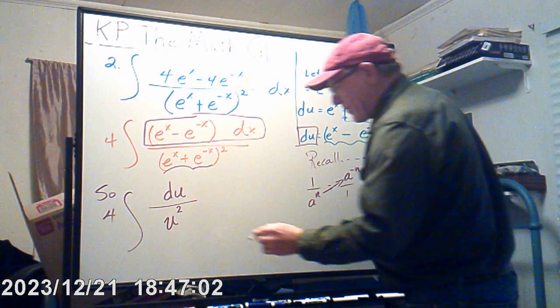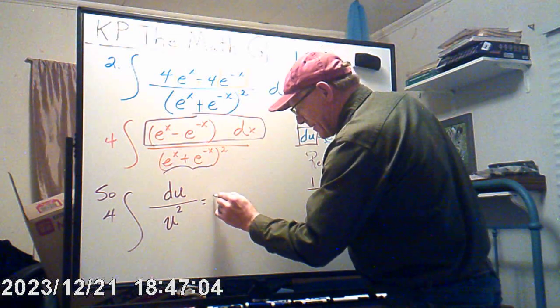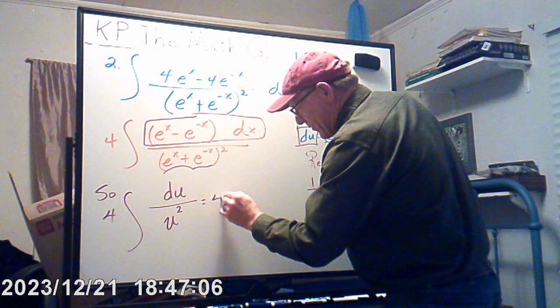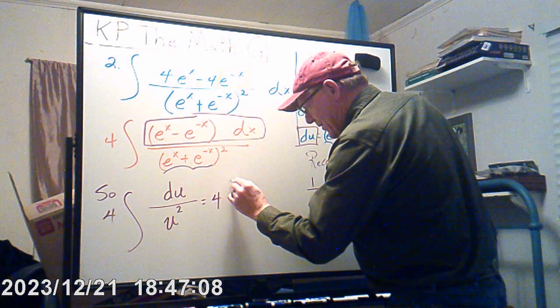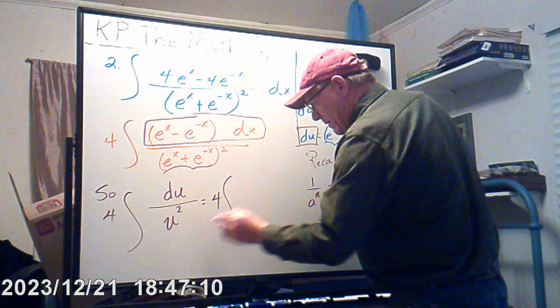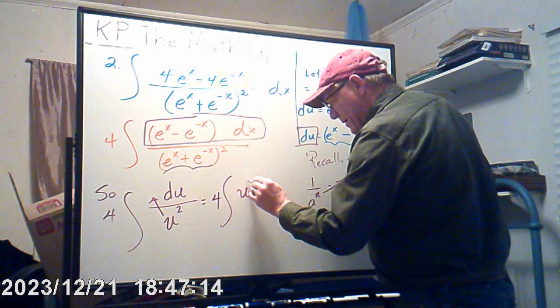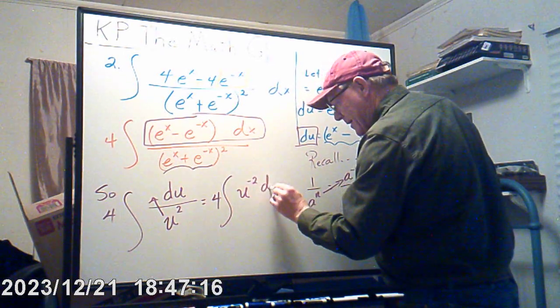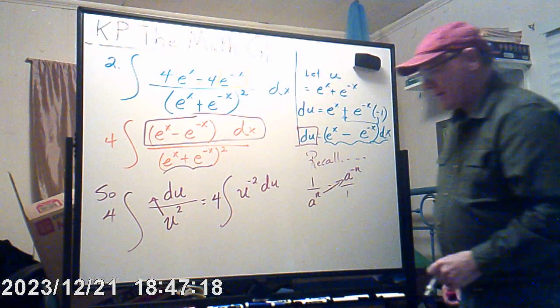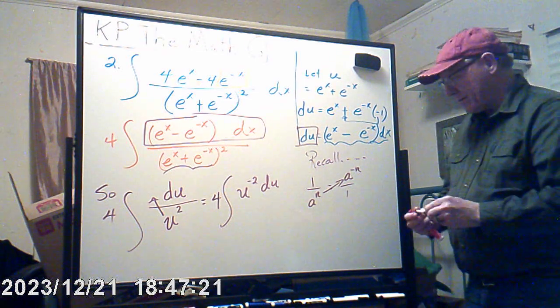So I'm going to rewrite this with the 4 in front. Okay, so bring this up here. That's going to be u to the negative 2 du. You see that?